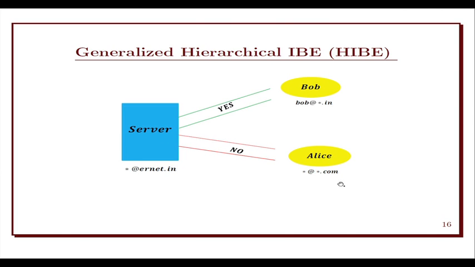And this is the generalized hierarchical ID-based encryption, HIBE. Here suppose our functionality is star@internet.in. Now, suppose Bob has this credential, then Bob is able to decrypt, because Alice has .com. So, this is hierarchical IBE.